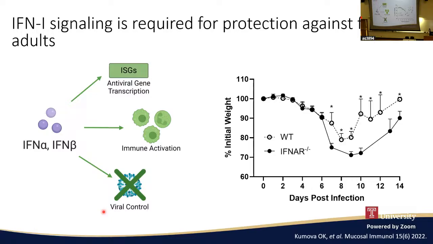Now, in adults, when you take out type 1 interferon signaling, these are referred to as IFNAR mice because they have a defect in their type 1 interferon receptor. When you infect IFNAR adult mice and compare their weight loss to wild-type mice, you see that the IFNAR adults lose significantly more weight, which is a marker of morbidity, indicating that type 1 interferon signaling is required in adults to protect against flu infection.